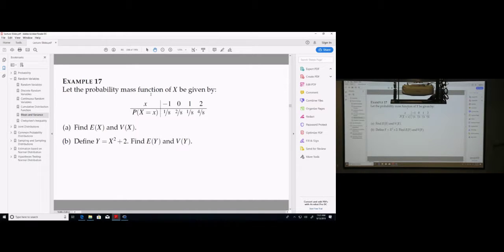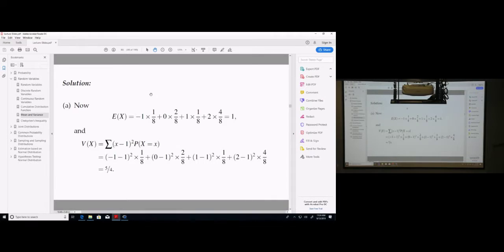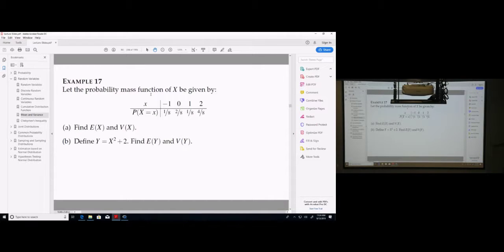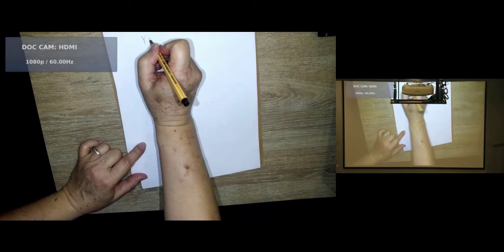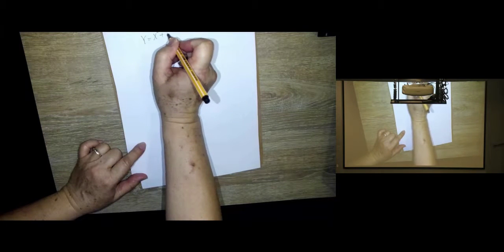Okay, so this is just the mechanic of doing this. If you are more algorithmic, this might be one way to do it, especially in a table manner. So I'm interested in this guy.